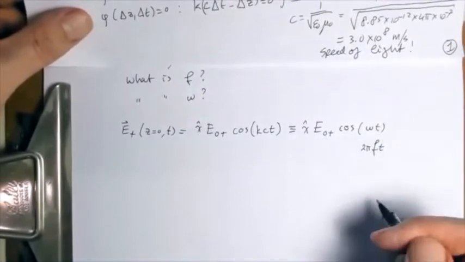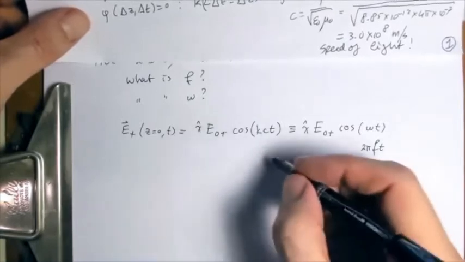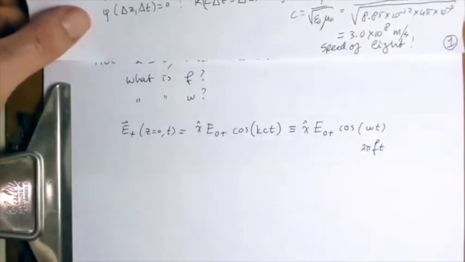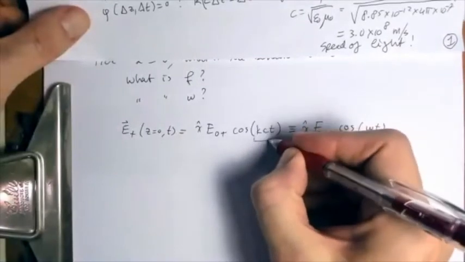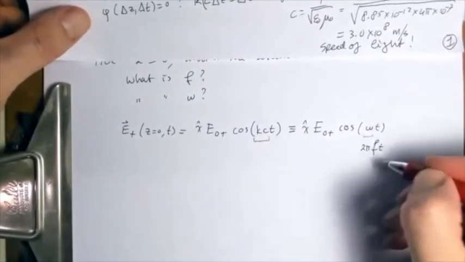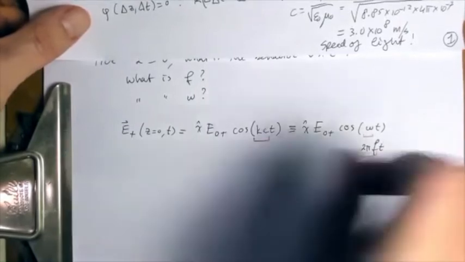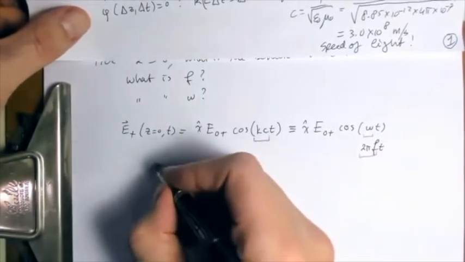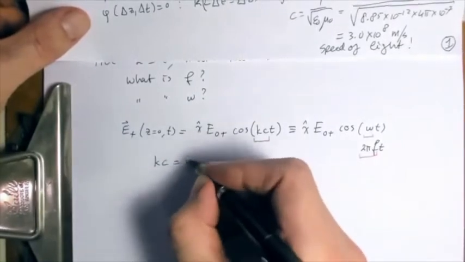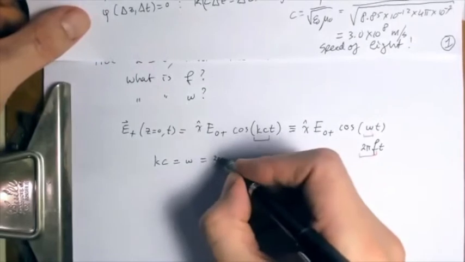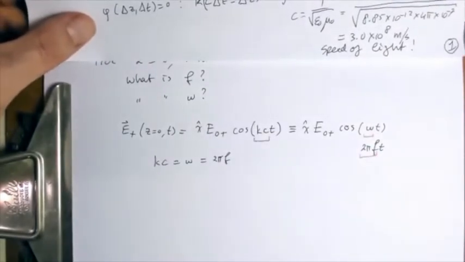Therefore, kc is omega. So kc is omega is 2 pi f. And that's the frequency.